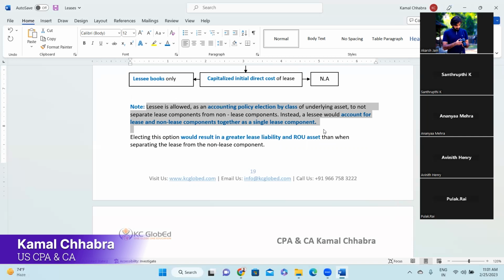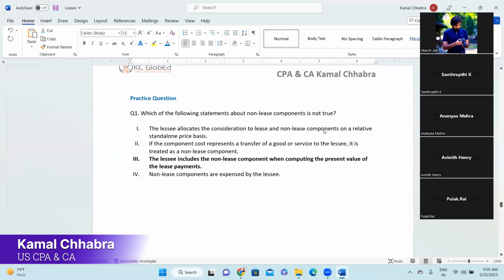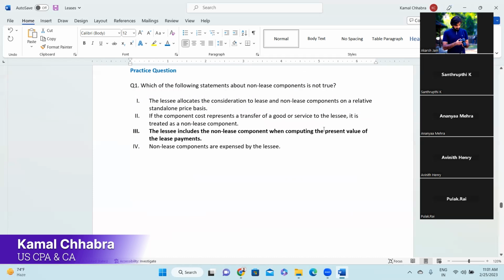Instead, the lessee would account for the lease and non-lease components together as a single component. So this is being allowed. And what is the point here? The lessee includes the non-lease component when computing the present value.